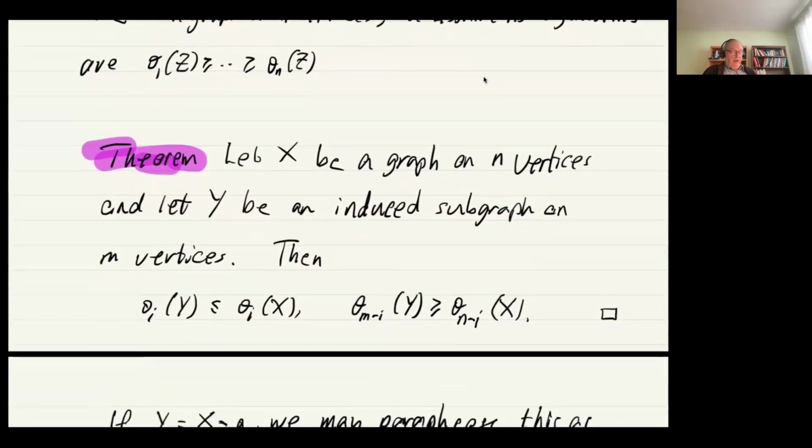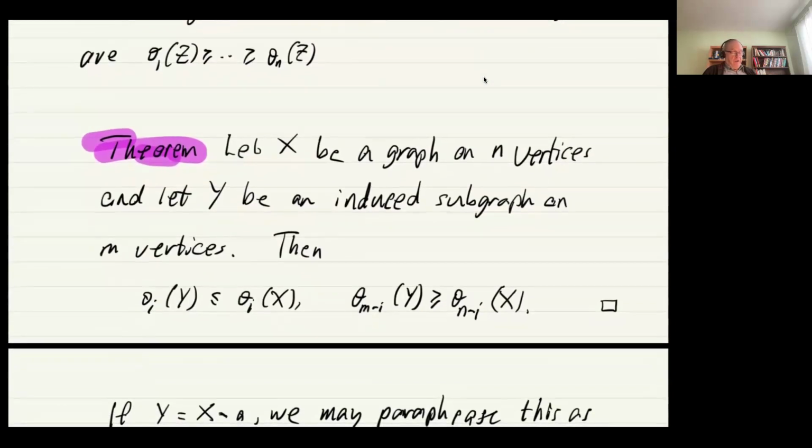And so the theorem is, if X is a graph on n vertices, and Y is an induced subgraph on m vertices, then the ith largest eigenvalue of Y is less than or equal to the ith largest eigenvalue of X, and the (m minus i)th eigenvalue of Y is greater than or equal to the (n minus i)th eigenvalue of X. So one consequence of this is that the largest eigenvalue of Y is less than or equal to the largest eigenvalue of X, and the smallest eigenvalue of Y is greater than or equal to the smallest eigenvalue of X. Now, there's another way of seeing that, which I'll show you shortly.